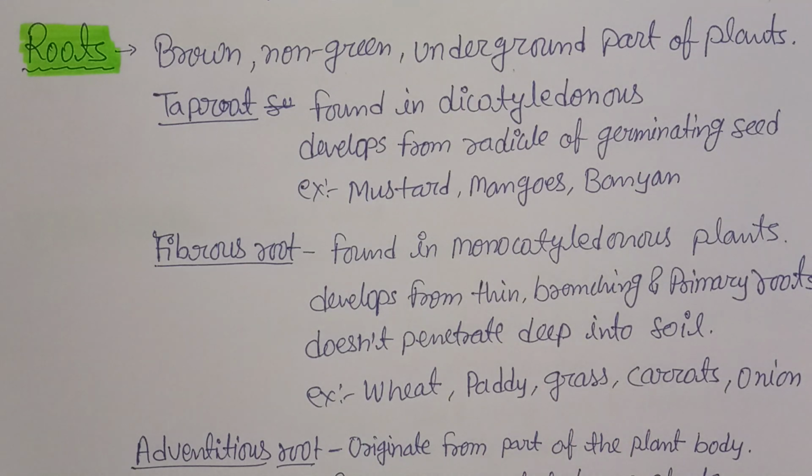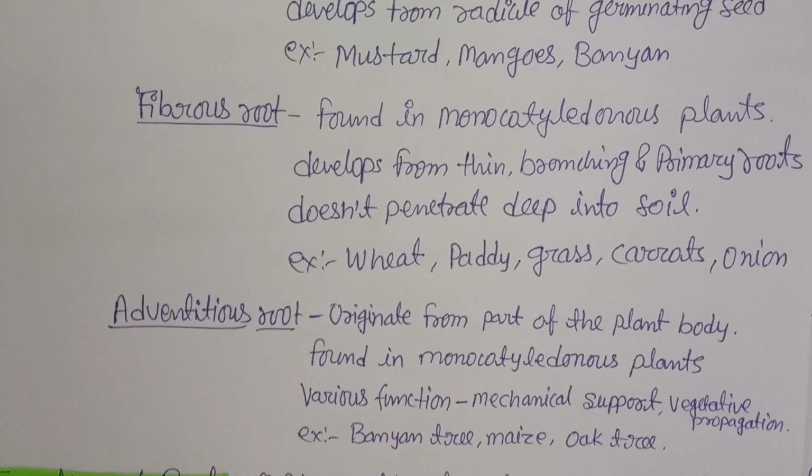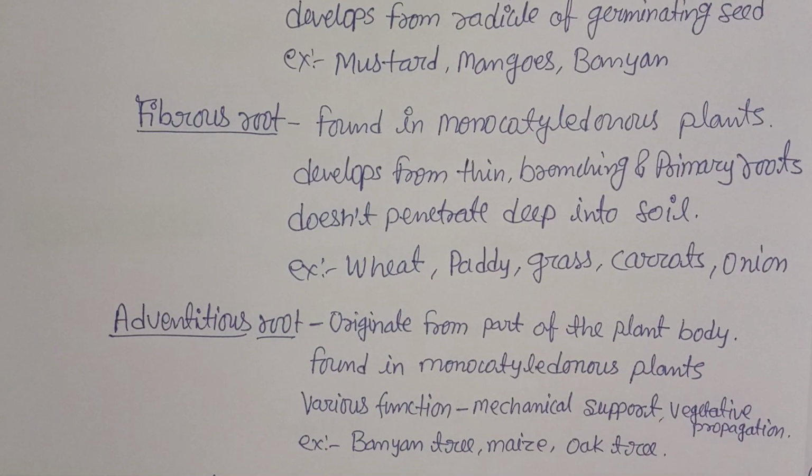Coming to the third type of root, that is the adventitious root, right? This will also have its own function. These originate from any part of the plant body, right? These roots come from a part of the plant, not from underground. They are found in monocotyledonous plants only, but they have various functions.